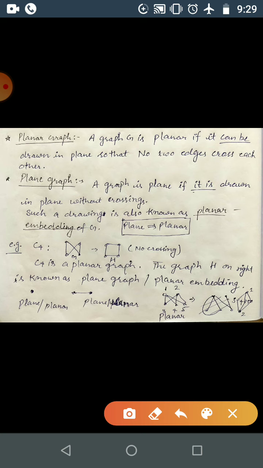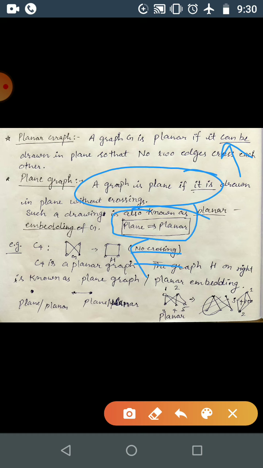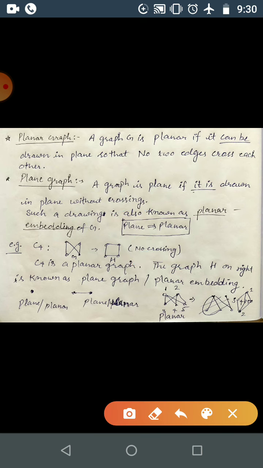Every plane graph, as it is already drawn in the plane, is also a planar graph, but the reverse may not be true. If a planar graph is not drawn in such a way that no two edges cross each other, then it will not be plane. So only the planar embedding part will be said to be a plane graph.